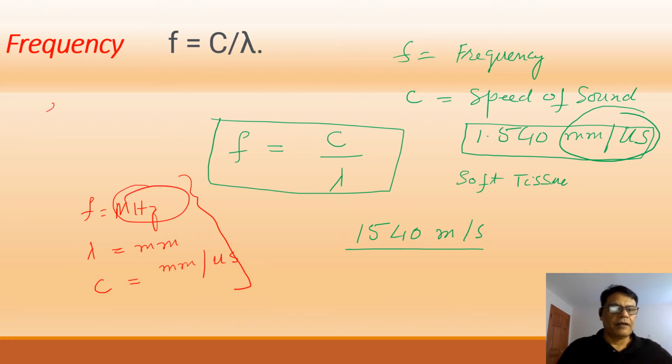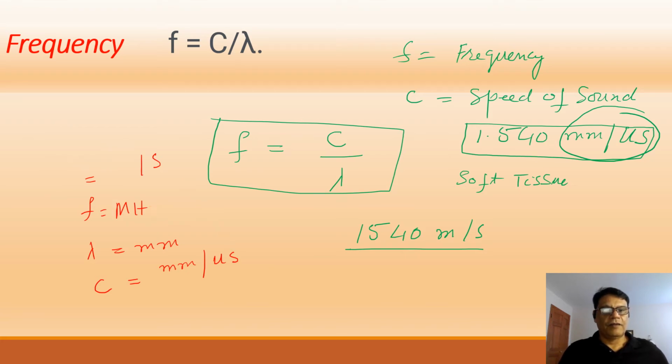For example, if frequency is in hertz, wavelength should be in meter, and speed should be in meter per second. We will see a little while later how these units match each other.